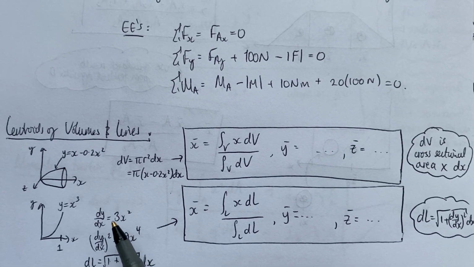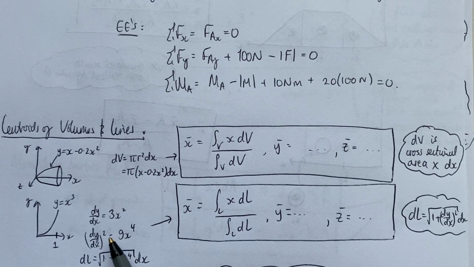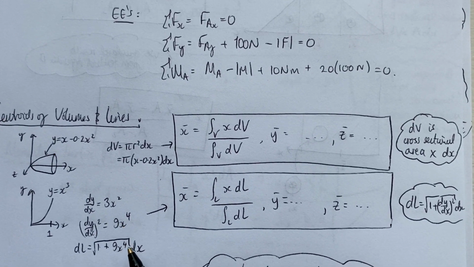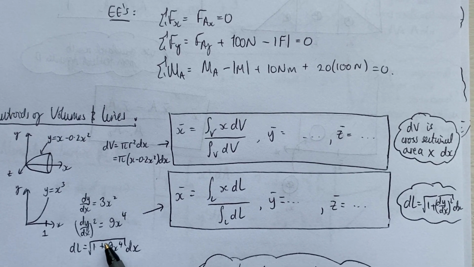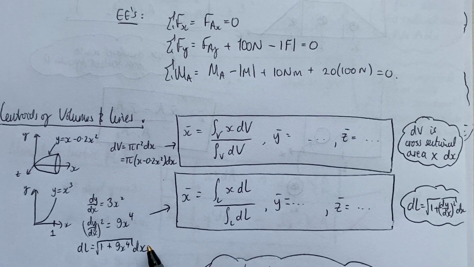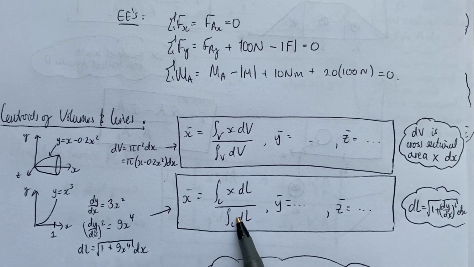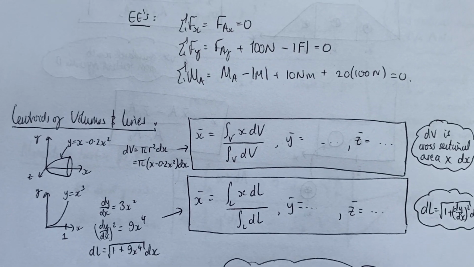I've said dy by dx of x cubed is 3x squared. If I square that, I get this, and therefore using this formula here, I can say dL is the square root of 1 plus 9x to the 4 multiplied by dx, and now I have an equation in terms of dx that I can put into here and integrate x with respect to dx.